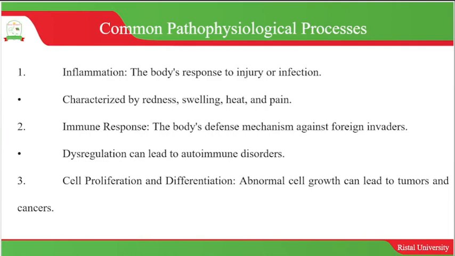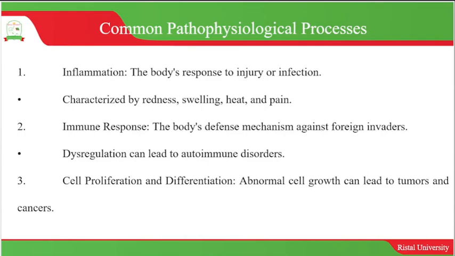So when a cell is damaged and you are able to detect redness, swelling, heat, and pain at that site, it is an indication of cell damage where there is inflammation due to the body's response to injury or infection.